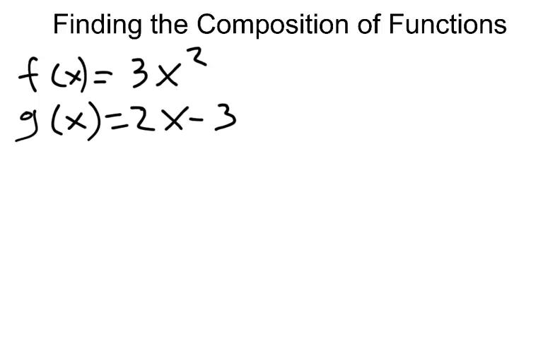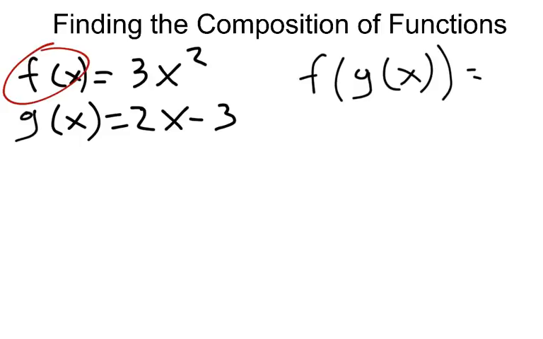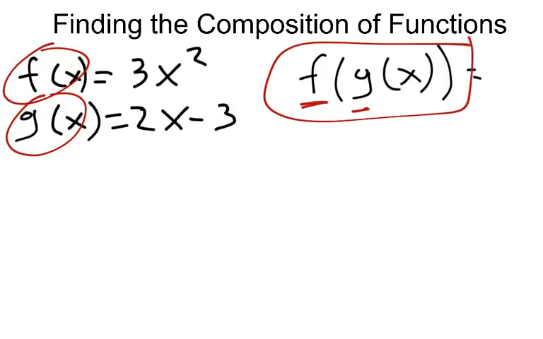Okay, the notation for composition of functions is f of g of x. If I have two functions, f of x and g of x, these letters, the f and g, don't matter. The whole idea is you're combining two functions into one.